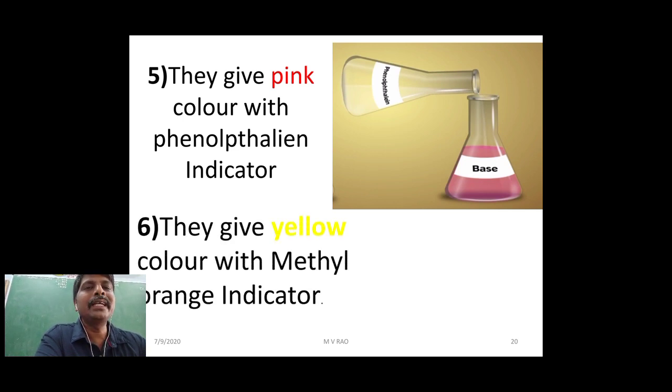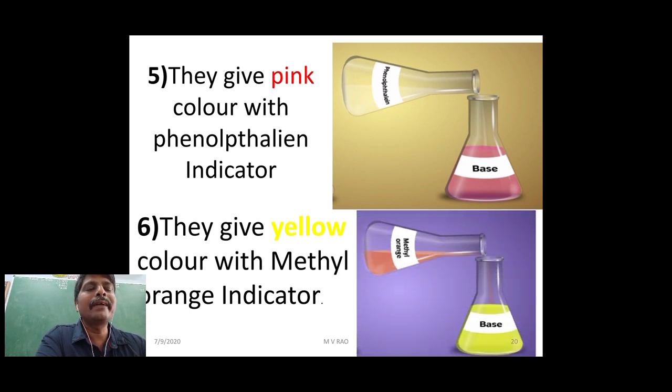Next one is they give yellow color with methyl orange indicator. Here both are colors: one is pink, one is yellow. So with phenolphthalein it will give pink color, with methyl orange it will give yellow color. So these are the physical properties of bases.